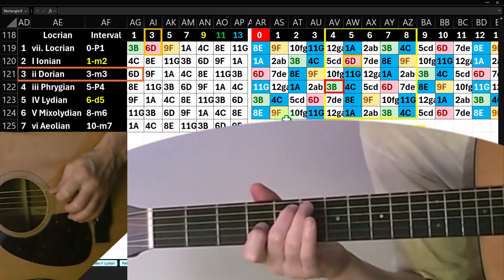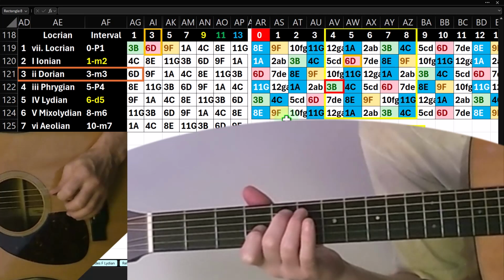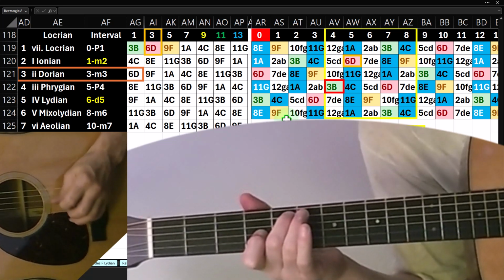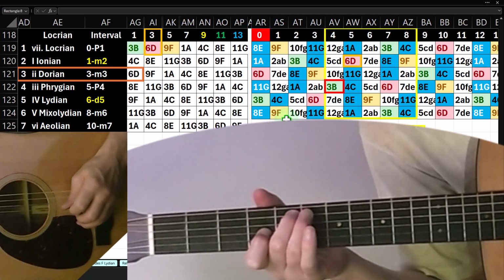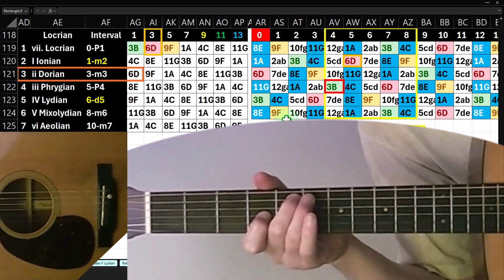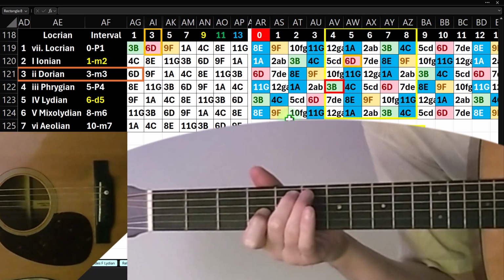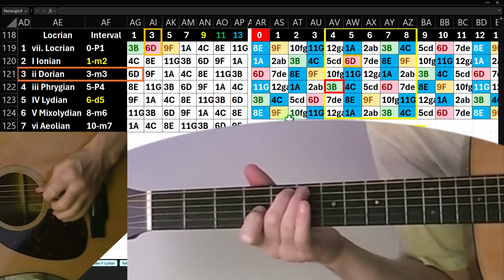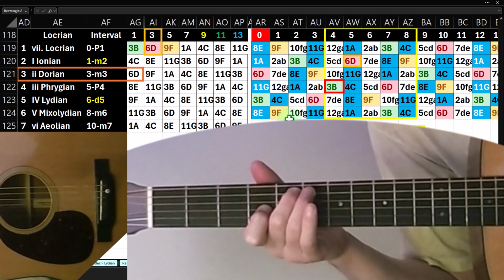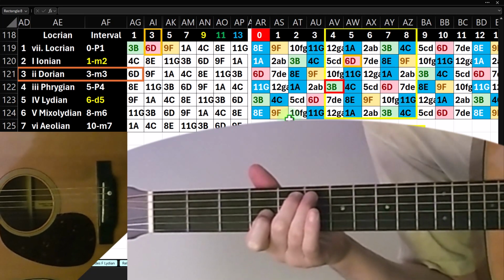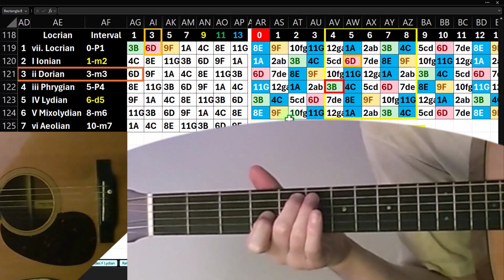So if I go from top to bottom, that would be like a 9-note away major 6. If I go from bottom to top, therefore, that would be a 3-note away minor third.